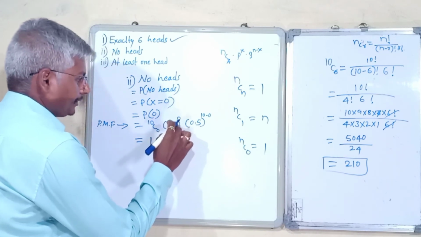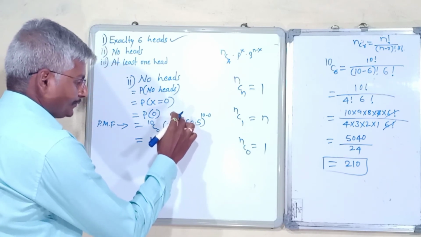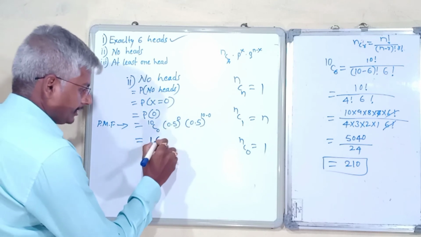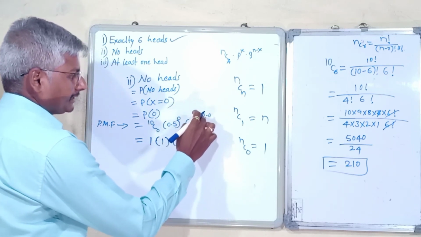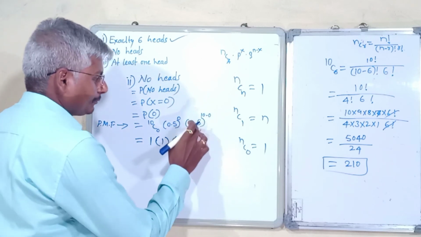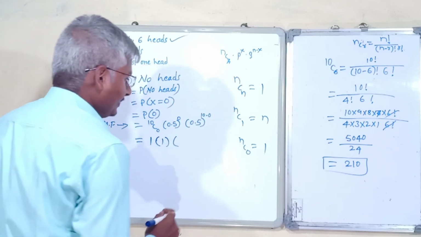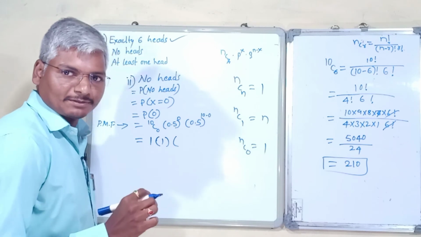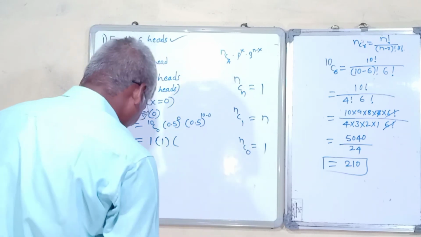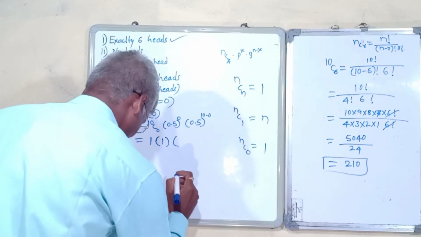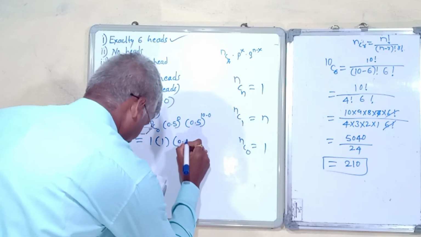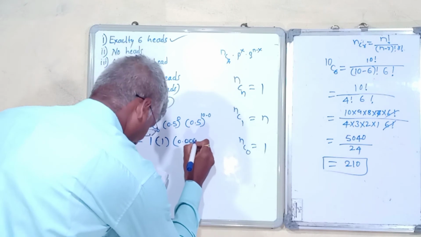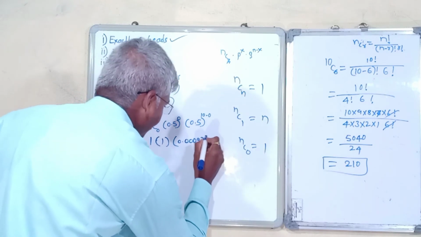Into 0.5 raised to 0, that is power of 0, is always 1. Then 0.5 raised to 10 minus 0, which is 10. So 0.5 to the power of 10 means 0.5 multiplied 10 times: 0.5 into 0.5 into 0.5, and so on.